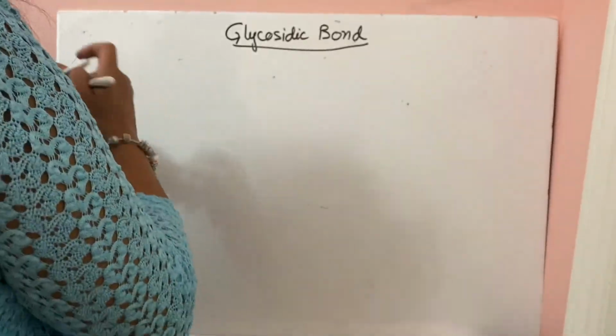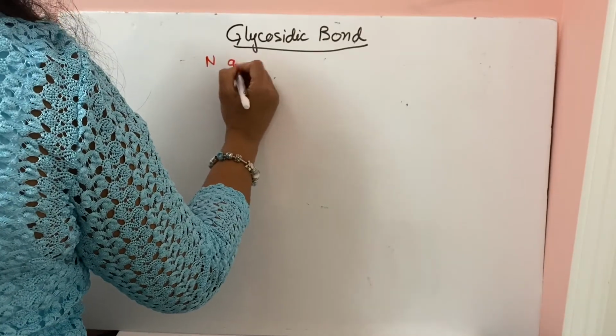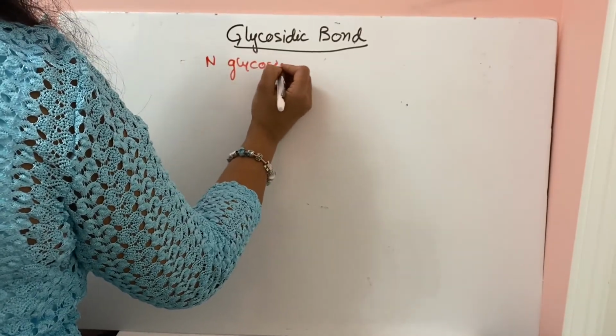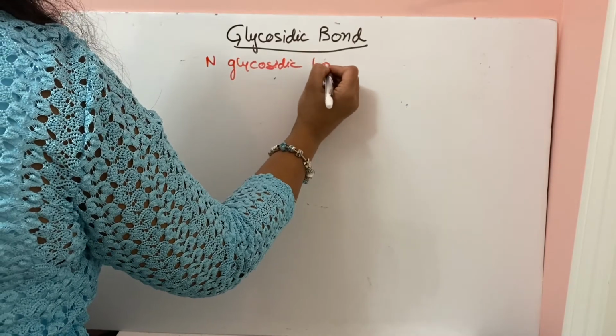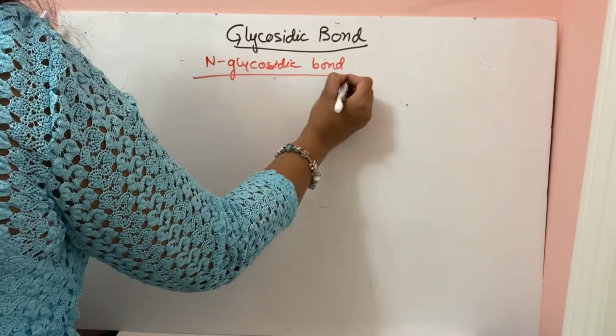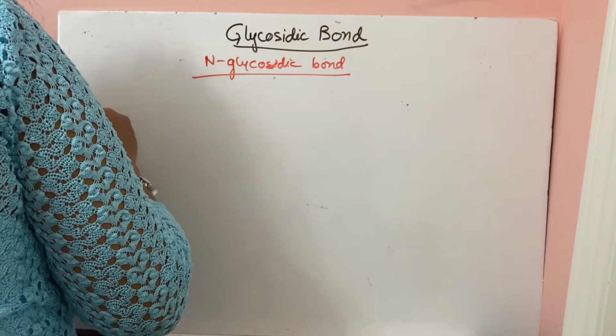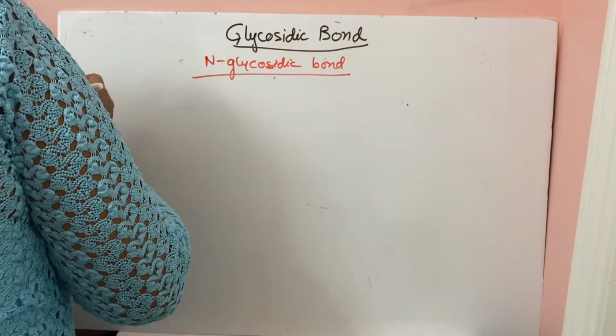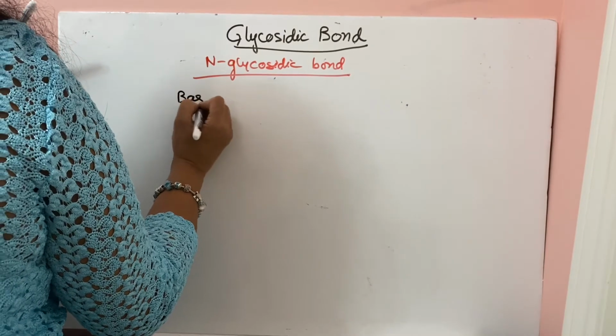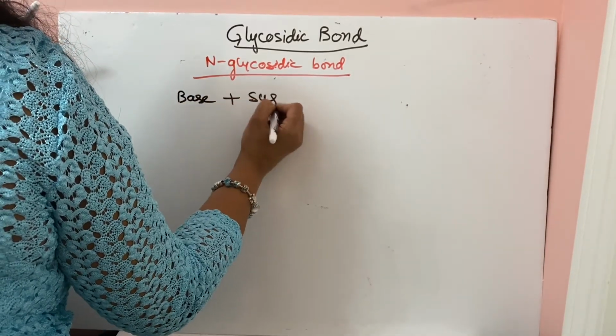For N-glycosidic bond, this is present in the case of nucleic acid. In the case of nucleoside, nucleoside means the base and sugar.